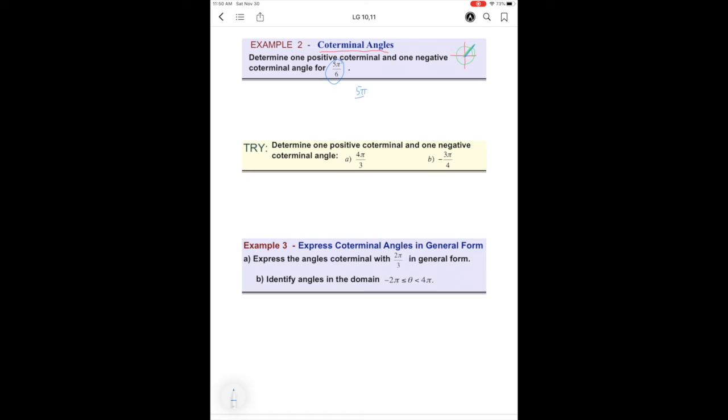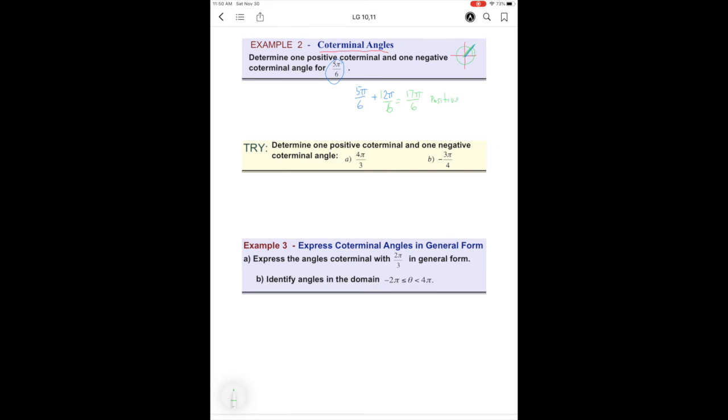Okay, so we have 5 pi over 6, and we're going to add not 360 but 2 pi. Okay, so remember, we're dealing with fractions, so let's make a common denominator. So we have changed this to a 6, and then times that by 6, so we get 12. So we get 17 pi over 6.